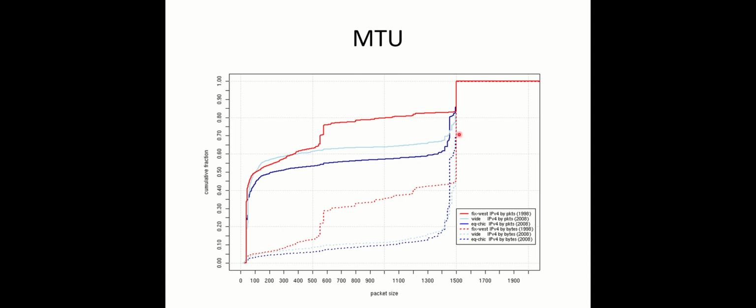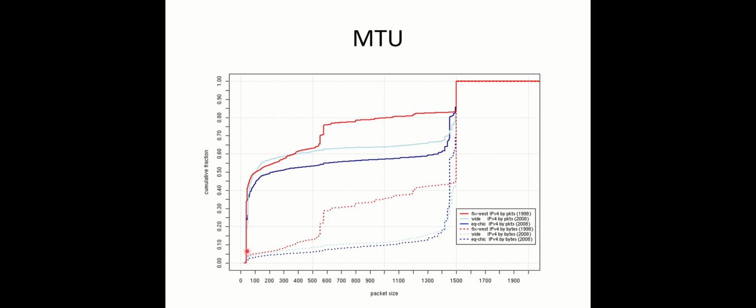The graph is from year 2008, so the picture might have changed a little. Namely, the 576 byte jump is not there anymore. And the small packets are from Transmission Control Protocol, or TCP in short, which we'll discuss later.